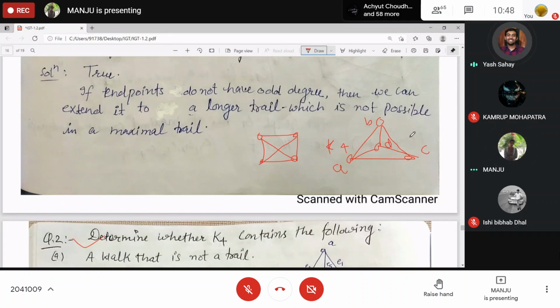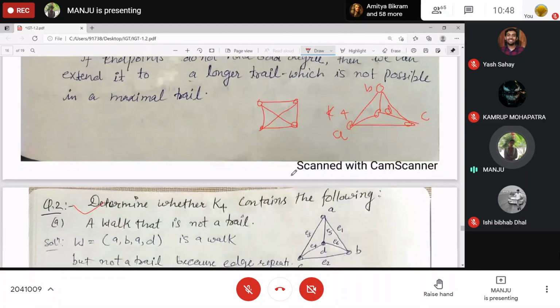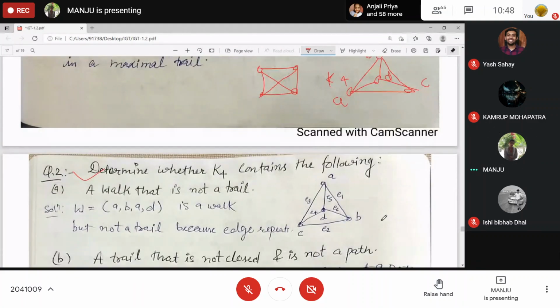A, B, D, B, C. And the simplest one is A, B, A, B. You can only be on the same edge, right? You just need to repeat one edge. You can take any walk that is not a trail because an edge repeats, right?